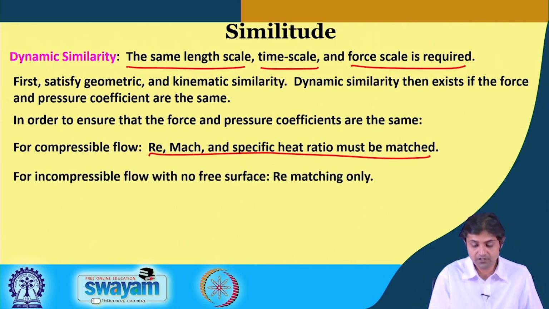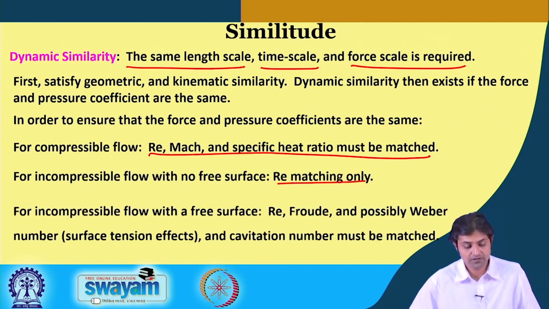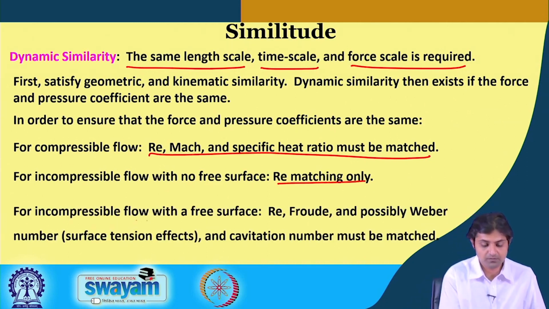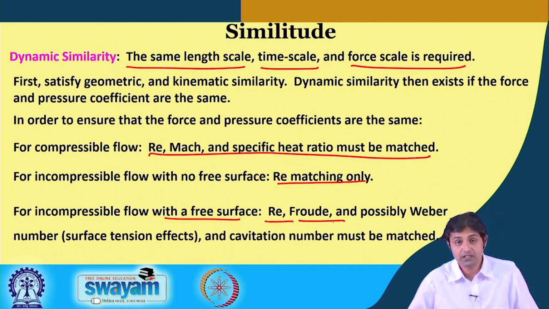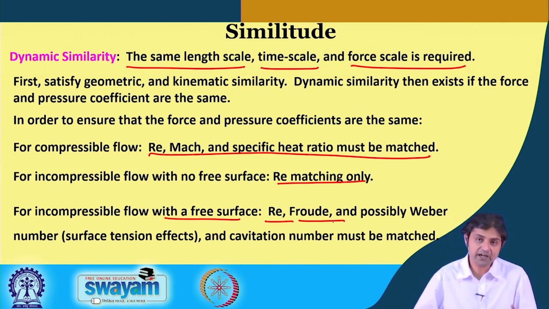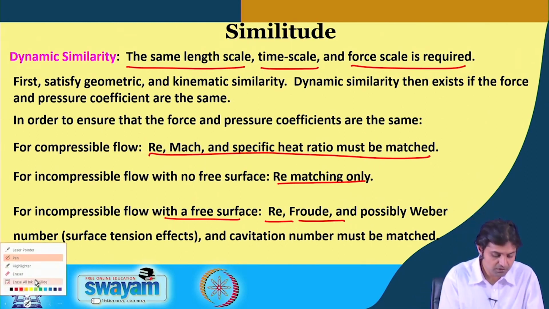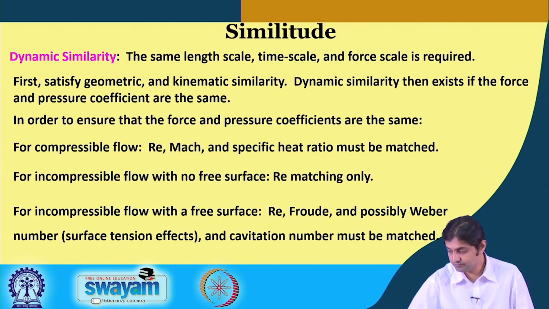For incompressible flow, Reynolds number match is good enough, and for incompressible flow with a free surface, Reynolds number, Froude number and also Weber number, in case there is surface tension, must be matched. So, for all the practical problems of hydraulics, for dynamic similarity we have to match the Reynolds number and Froude number. If there is Weber number, then Weber number as well, but practically these two numbers must be matched for dynamic similarity.